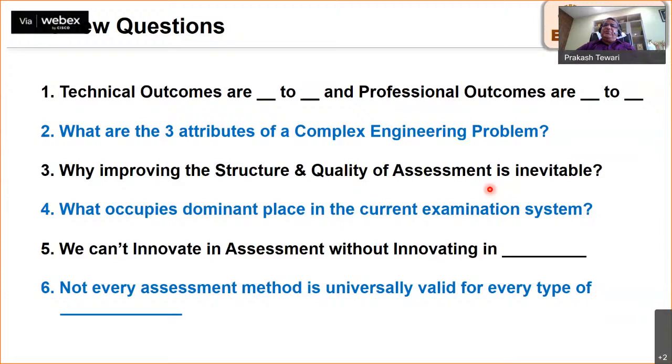Why is improving the structure and quality of assessment inevitable? To increase employability, we want to be competitive at the global level.